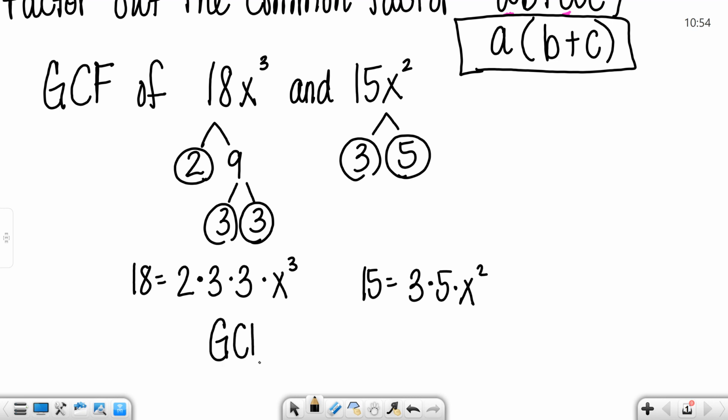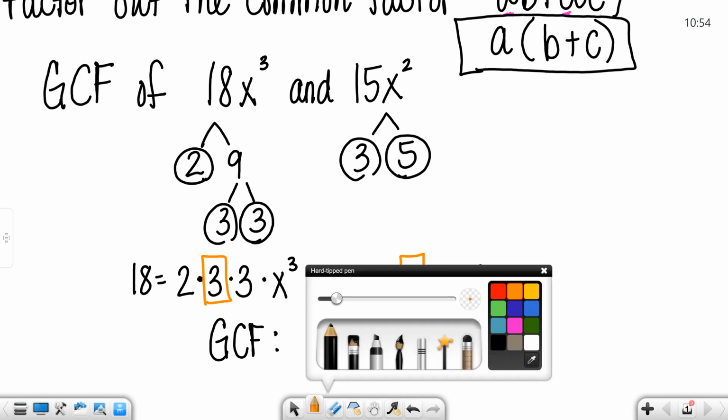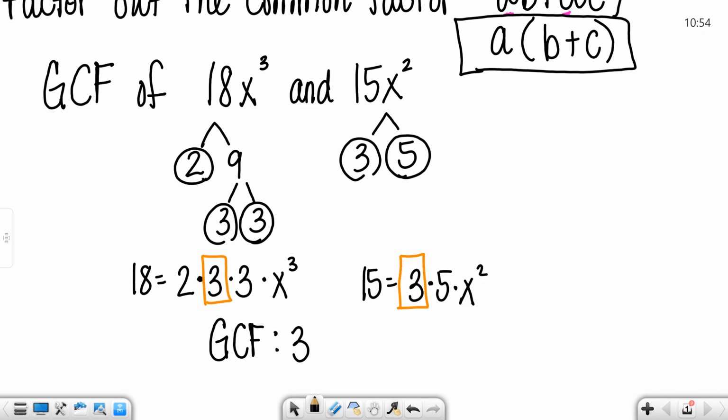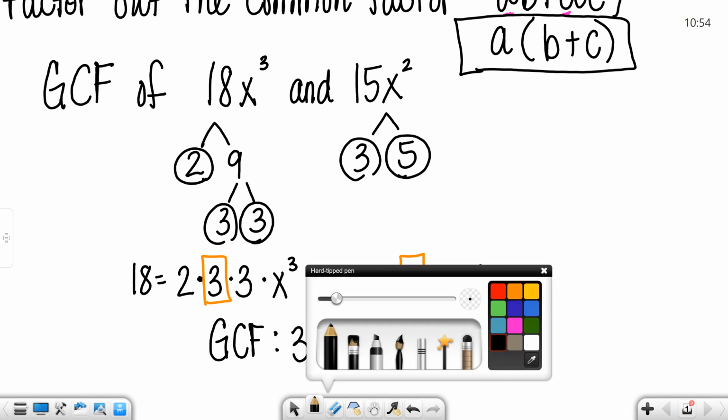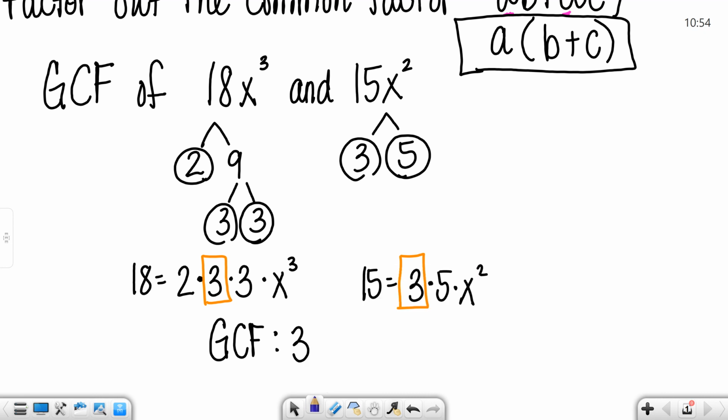In order to choose the greatest common factor here, we choose the largest thing that they have in common. I can only choose what they have in common. Well, they both have a 3, so I'm definitely going to take a 3 for my greatest common factor. They both have an x value, but we need to pay attention to their exponents.